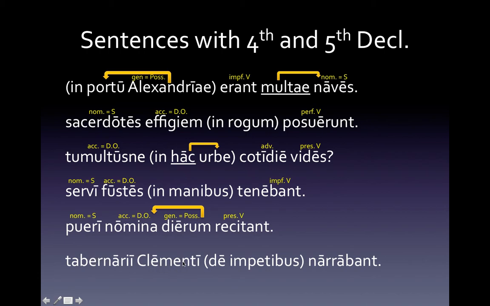Clementi ends in an accented I. You need to know that clemens is a third declension noun. So the accented I in the third declension means that it's dative singular. It's our indirect object. De impedibus, this is a prep phrase here. De plus the ablative. And then narabant is our verb. It's imperfect and it is plural. So there are all of your labels.